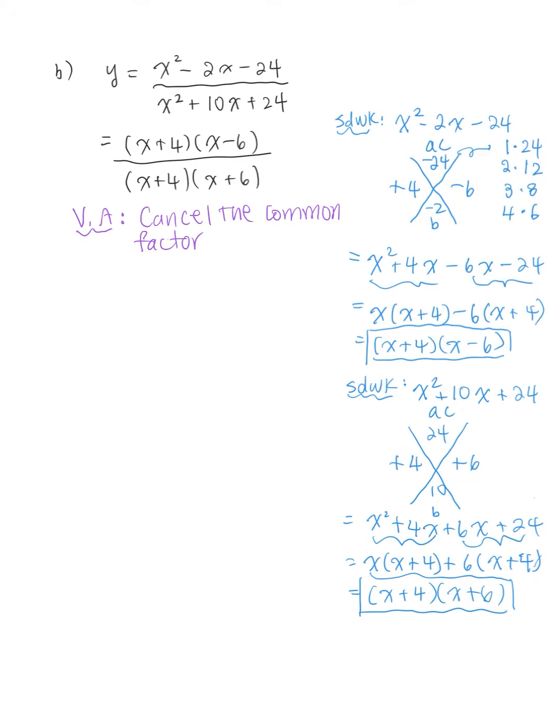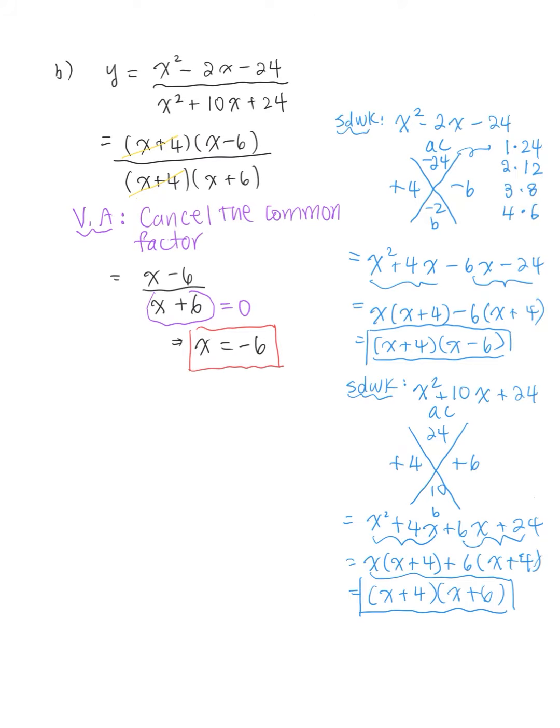If we do that, we kill x plus 4. So what remains here is x minus 6 over x plus 6. Then you analyze the denominator, set the bottom equal to 0, and solve for x. Which means x equals negative 6 is going to be the vertical asymptote.